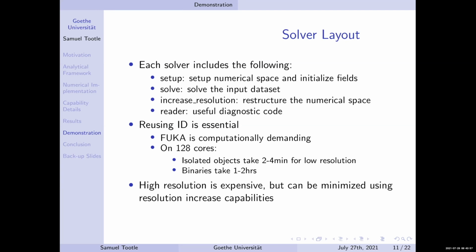But to mitigate that, aside from highly asymmetric binary black hole systems or black hole neutron star systems, essentially everything can be done at low resolution, especially in the case of binary neutron stars. And then you can always, if you feel the need, run at higher resolution later, which is a huge advantage.